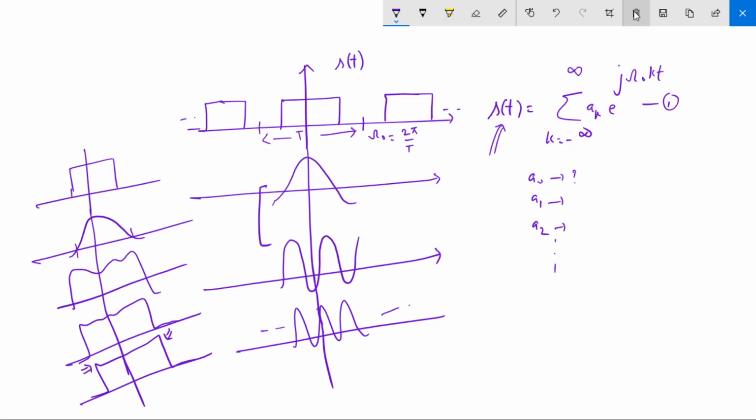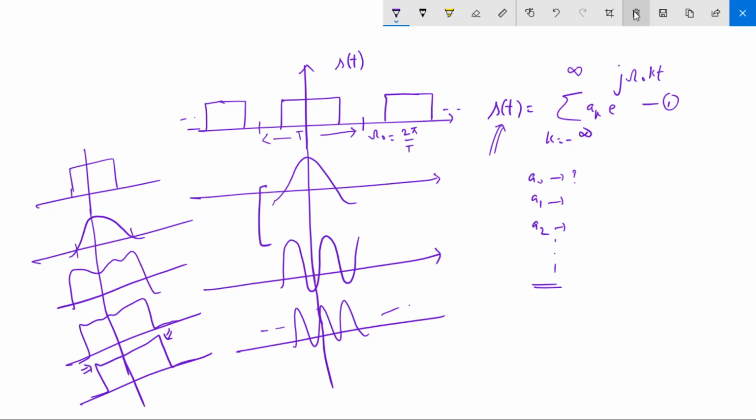But this is the basic concept of why we study the complex exponential signals. Any periodic signal can be decomposed in terms of complex exponential signals, or alternately in terms of sinusoidal signals. That is why they act as the building blocks.